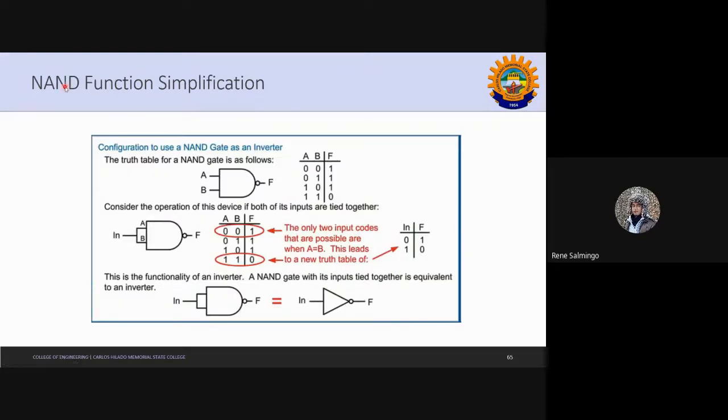So we have also the NAND function simplification. If you have inputs tied together, it means that you have only either 1 or 0. So in this example, the symbol is like your inverter. If you have this symbol, it's equal to this one.